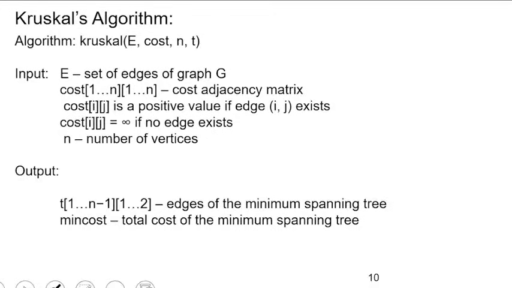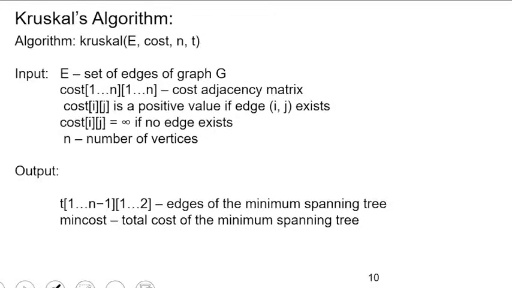So for input, you have to give E, the set of edges of the graph. Cost is a two-dimensional array, the adjacency matrix which we gave in the previous slide. It must be a positive value if edge i, j exists, and cost of i, j is equal to infinity if no edge exists, and n is the number of vertices.